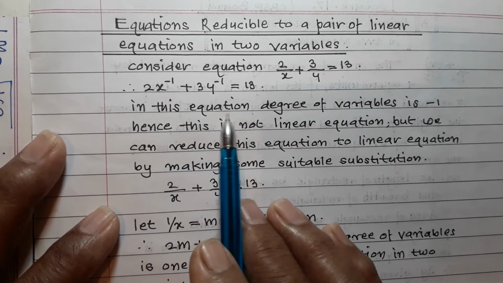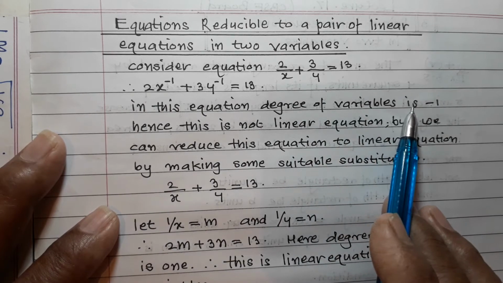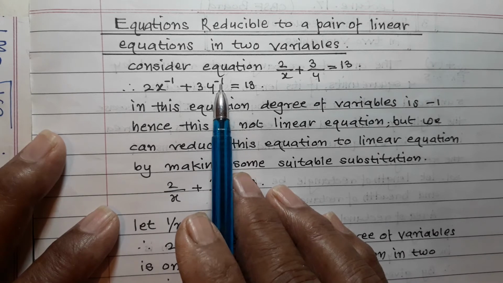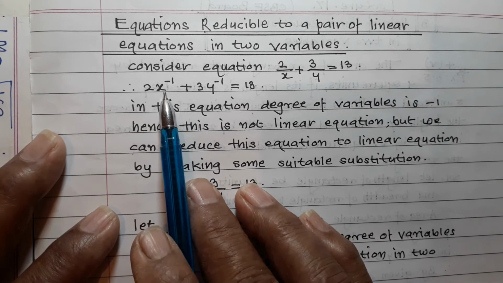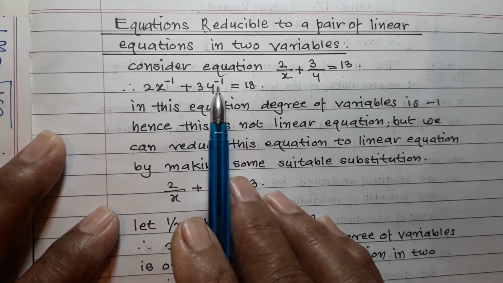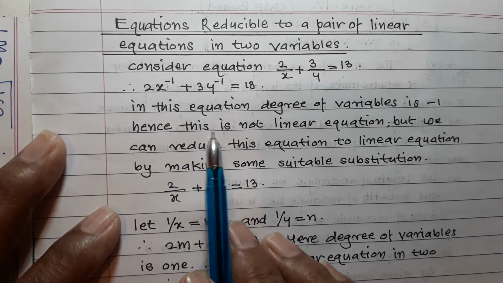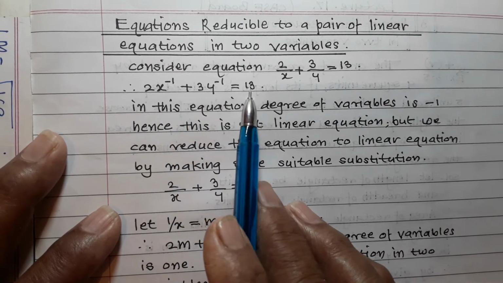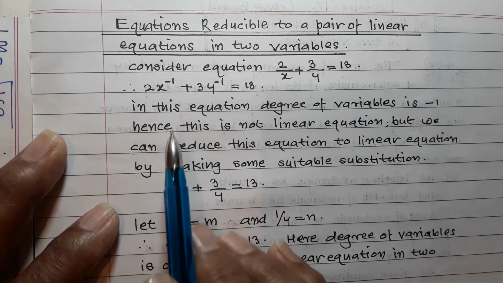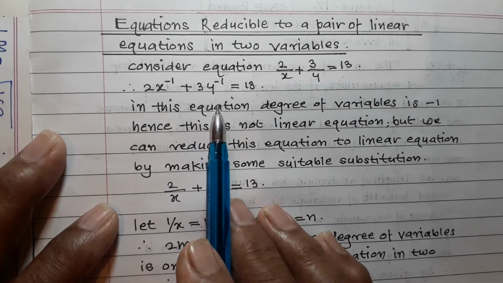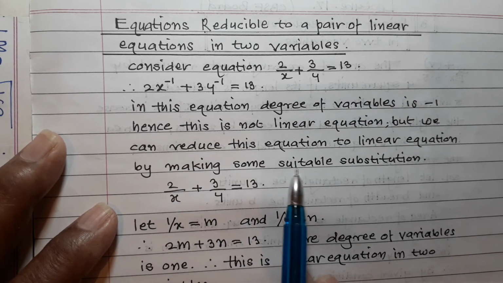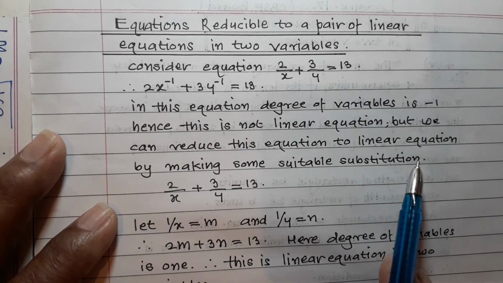In this equation, this is variable x, this is variable y, and the degree of each variable is minus 1, and hence this is not a linear equation in two variables.